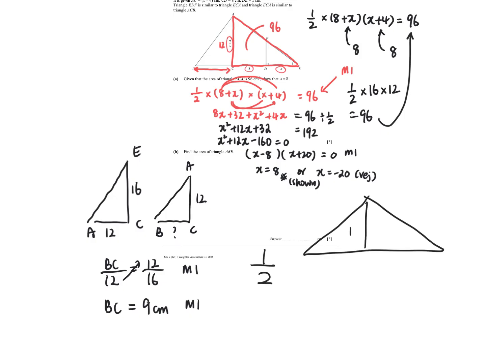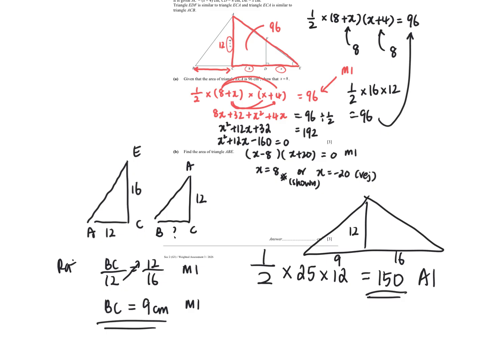This is 12. So this thing is 16. I just found this to be 9. So half times base times height, 150. So this is my answer. So these are your 3 marks. The ratio, the length, and the area.